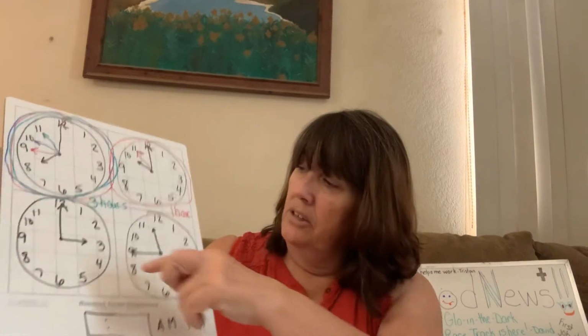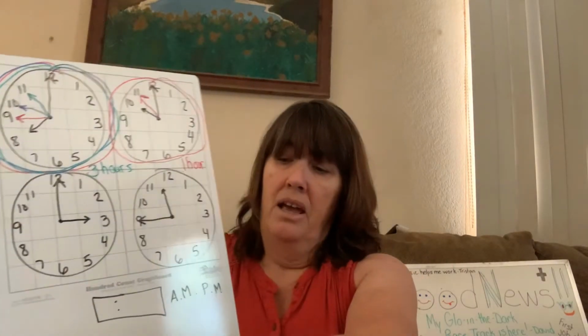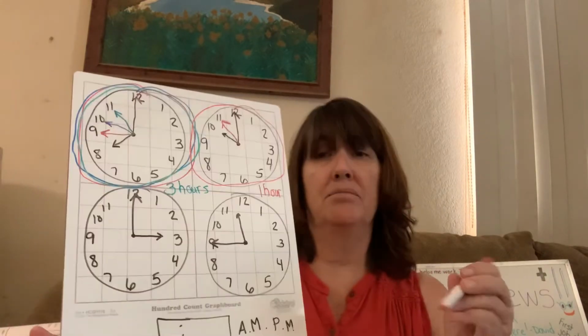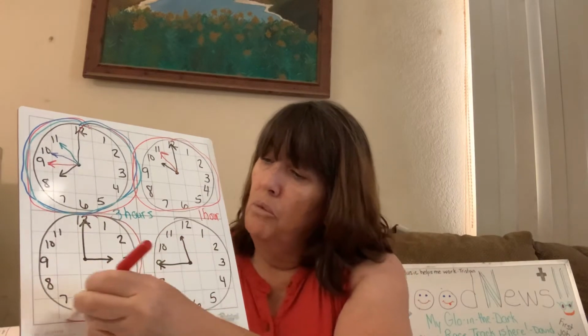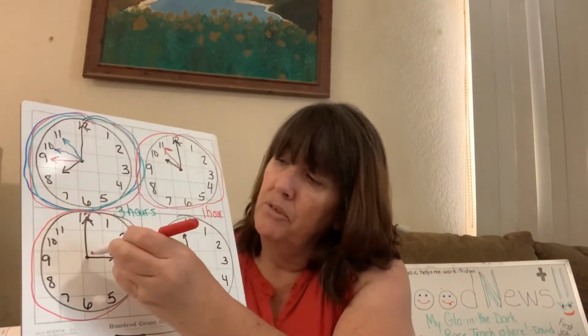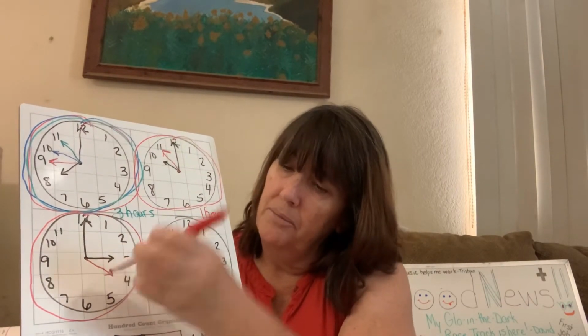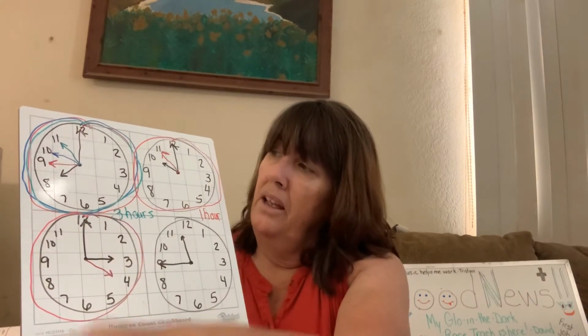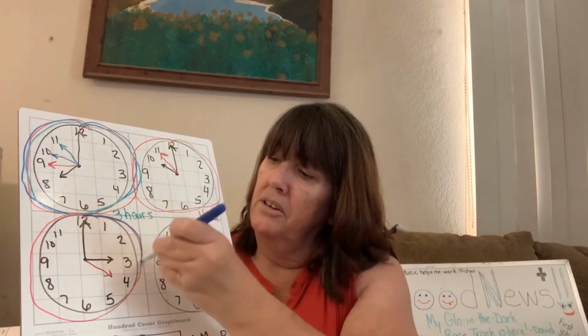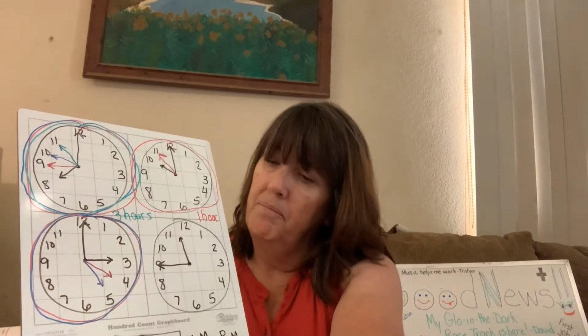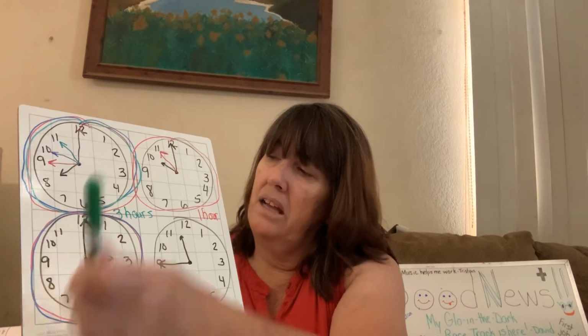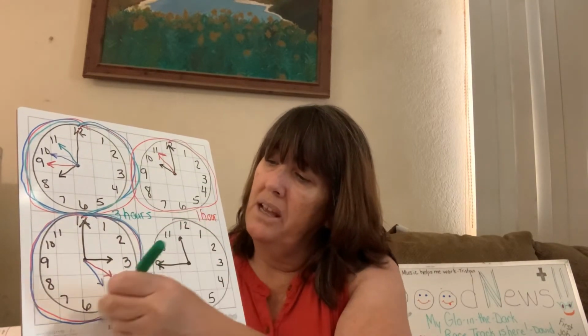Okay, let's try another one. We're going to start over here at 3 o'clock and we're going to go to 6 o'clock. Okay, we're going to start with our first color, move it around. 1 hour has passed and we go from 3 o'clock to 4 o'clock. And then another, because we're going to 6 o'clock, right? So we need to do another hour has passed and we go to 5 o'clock. And then another hour has passed.